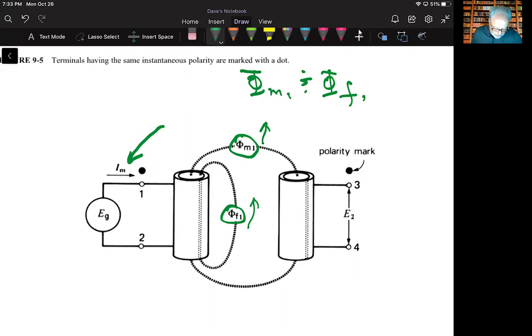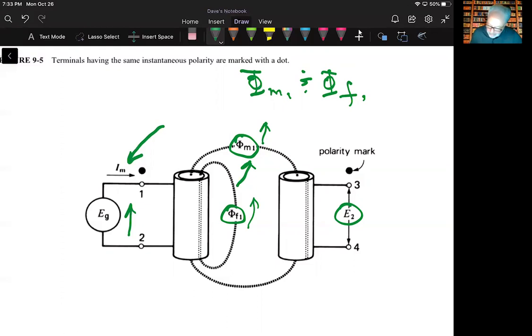And it follows that the induced voltage, which is really coming from the mutual flux, will also reach its value at the same time, because of the linkage. There's no delay in this.